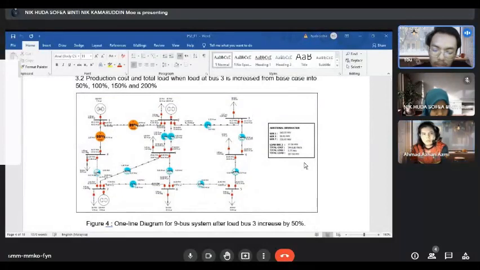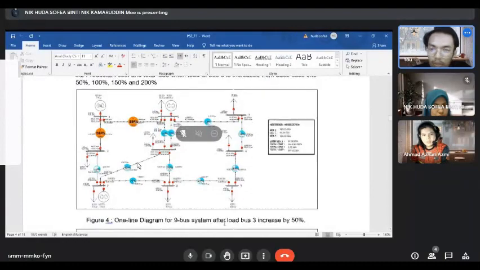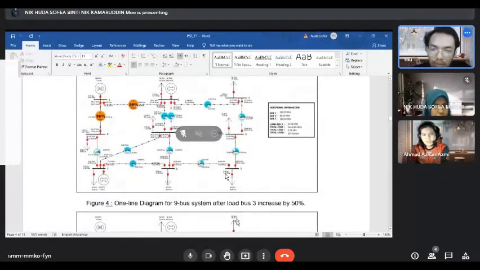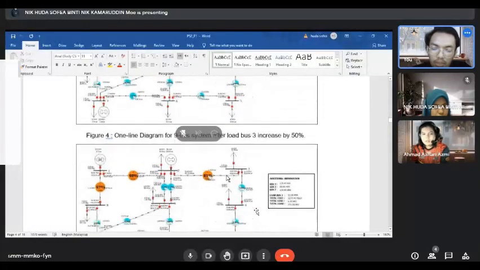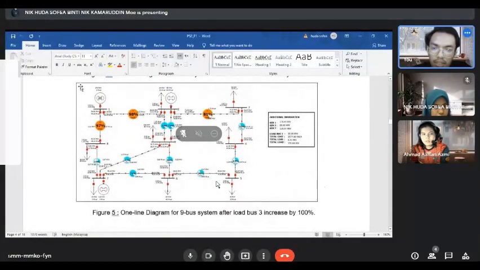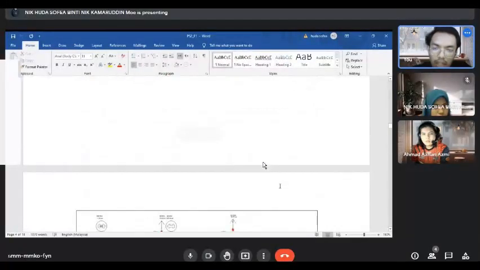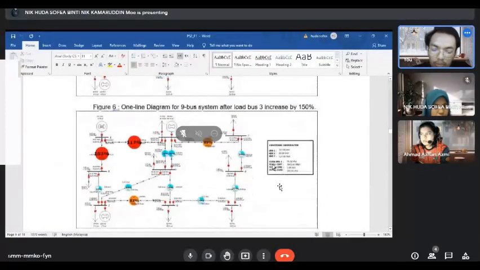For the production cost and total load, when the load at bus 3 increased from 50, 100, 150 and 200, this is the diagram for the 50 increase. The next one is for 100, the third one for 150, and the last one is for 200.